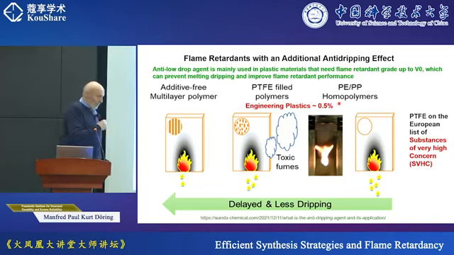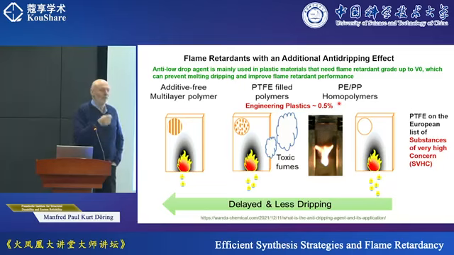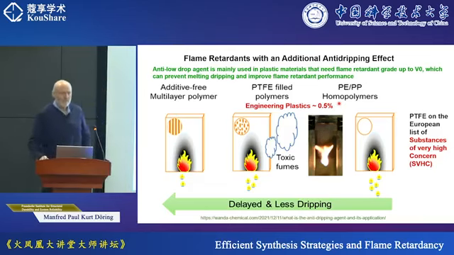For example, in particular in engineering plastics like polyamides, polyesters, ABS, and so on, polycarbonates. And this substance is responsible for anti-dripping. This has a strong anti-dripping effect. But if this material will be banned, we have to look for alternatives.